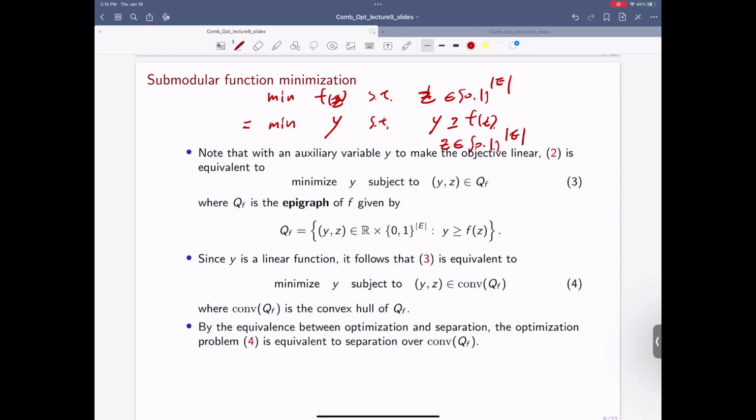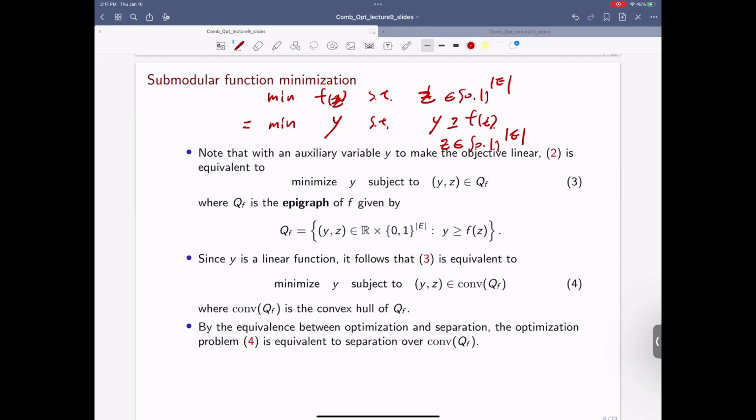So basically, my initial goal was to reduce the value of f as much as possible. But if you add this new variable y, and I have a constraint that y is at least f of z, then if you want to minimize this value y, you need to decrease the value of f. So it has the same effect as minimizing the original function f.